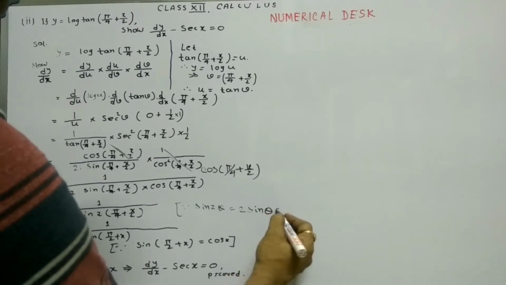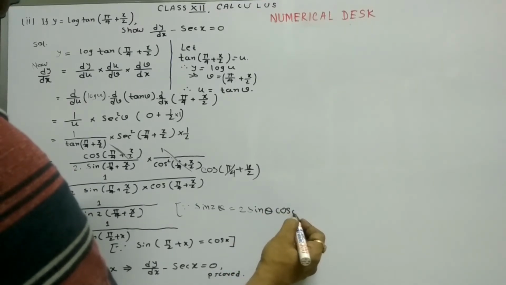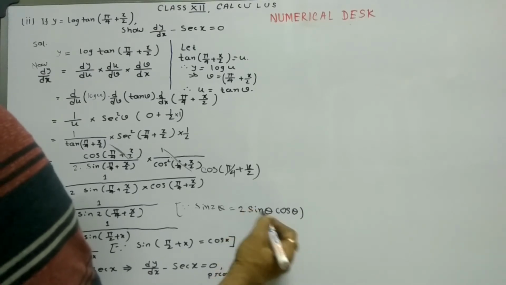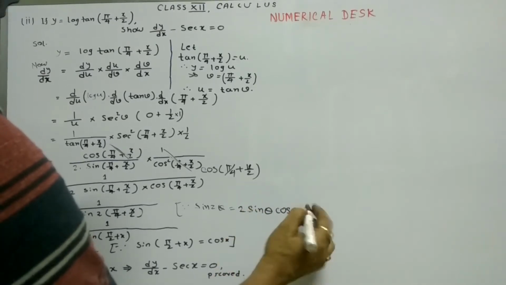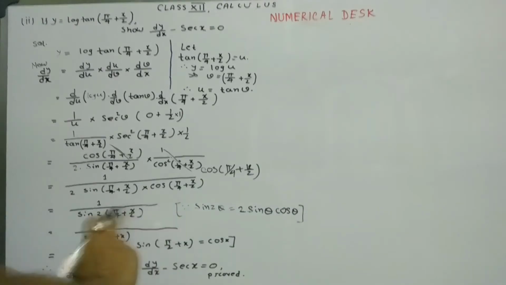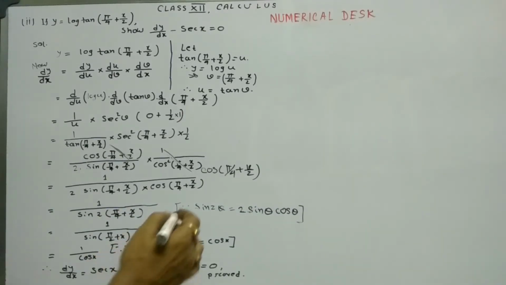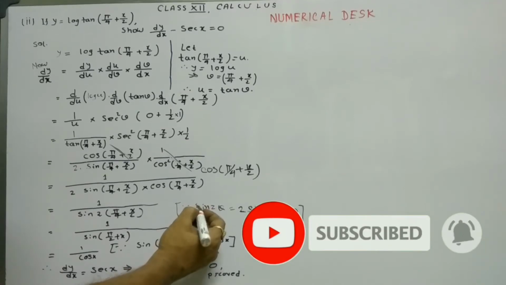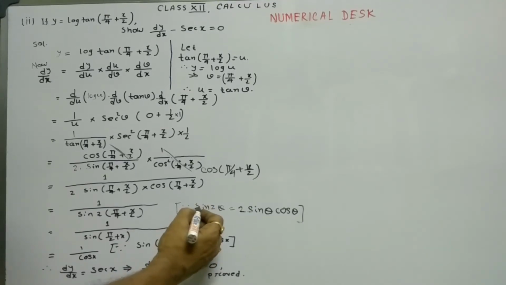So the denominator becomes sin 2 times the angle, twice of sin theta cos theta equals the multiple angle, so we just substitute or replace this. So it is now in our hand. The sum is almost done.